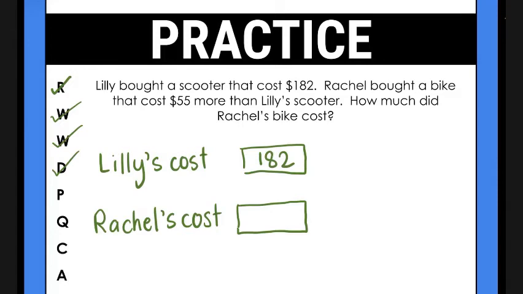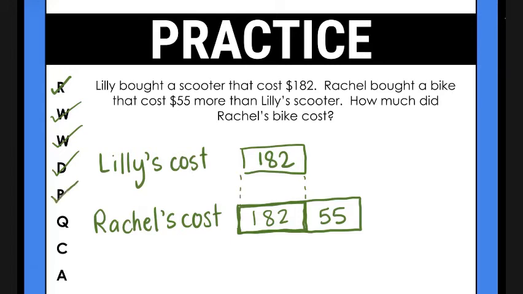Would I put the 55 in the unit bar? No, because that doesn't show that it's extra. So to show that it's extra or more, I need to add on to her unit bar. And then this one is going to be the 55. Now, do you remember from yesterday? How do I know how much goes in this unit bar? It would be the 182 because I know it's equal to Lily's cost.